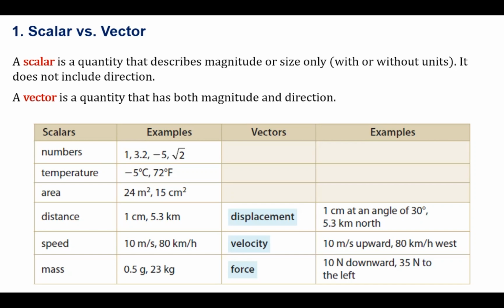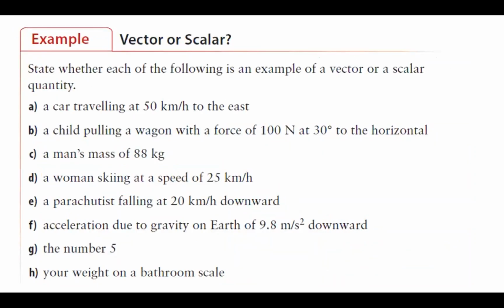Okay, so if we are clear about the concept of scalars and vectors, then let's consider an example question here. Can you state whether each of the following is an example of a vector or a scalar quantity? First, a car traveling at 50 kilometers per hour to the east. Next, a child pulling a wagon with a force of 100 Newton at 30 degrees to the horizontal.